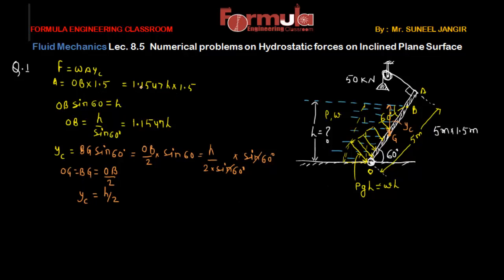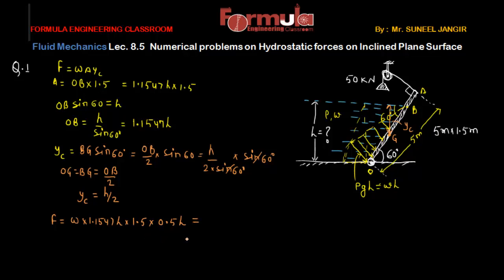We know the area, that is 1.1547 times H into 1.5, and we know W, that is the specific weight of water, 9810. So we can calculate the force in terms of height. F will be equal to W into 1.1547 times H into 1.5, this is the area, into YC, which is 0.5 times H. Let me calculate.